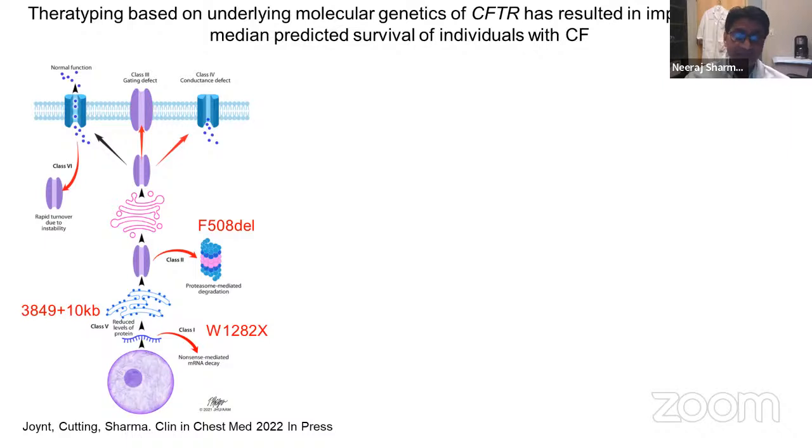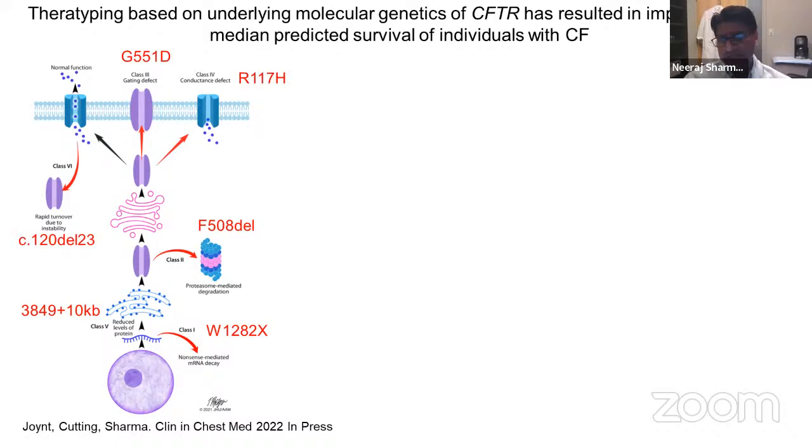And in class 6 mutation, you see a rapid turnover of the CFTR protein. In normal functioning, you see that the chloride ions can move. So the nutshell here is that in case of a dysfunctional CFTR protein, enough chloride ions do not go out. And the examples for these are listed here.